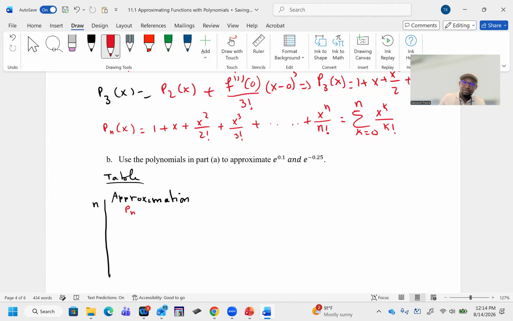P sub n of 0.1. And then we have absolute error. You do remember that, right?